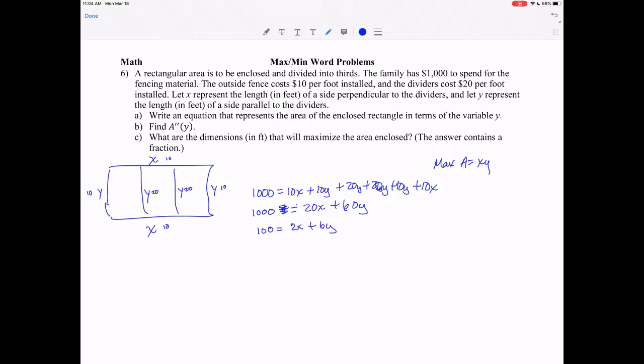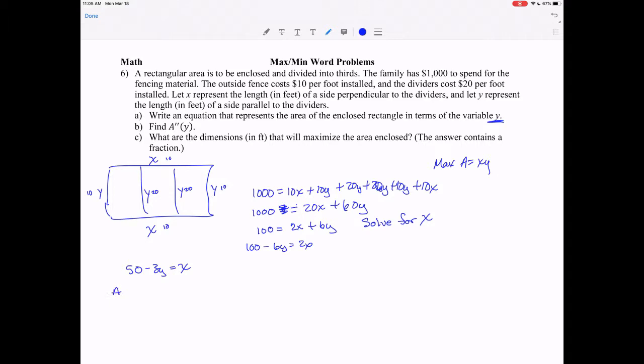I'm going to now solve for x, because this tells me that I want it in terms of y. So I have 100 minus 6y equals 2x. Divide everything by 2. So that's 50 minus 3y equals x.